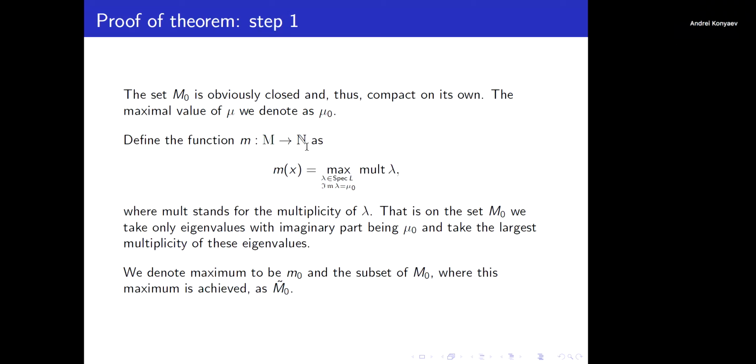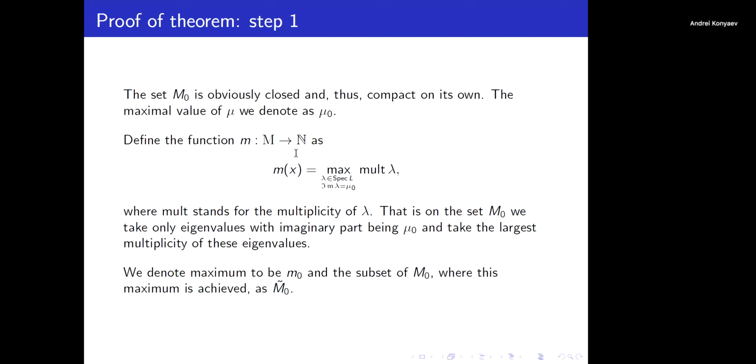So mult is a function which at each point of the manifold gives us a natural number, which is the multiplicity. This number is 0 if the point is not in M0, and if it is in M0, then this function is at least 1. So we will restrict this function to M0, because M0 is a closed subset of the compact manifold, and it is compact on its own.